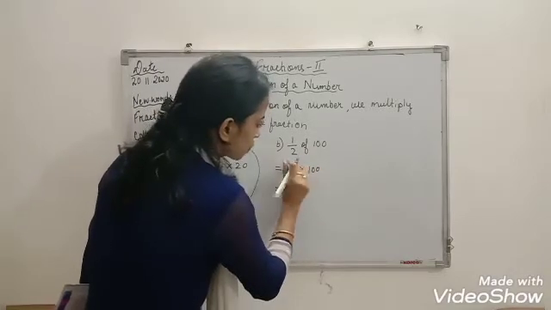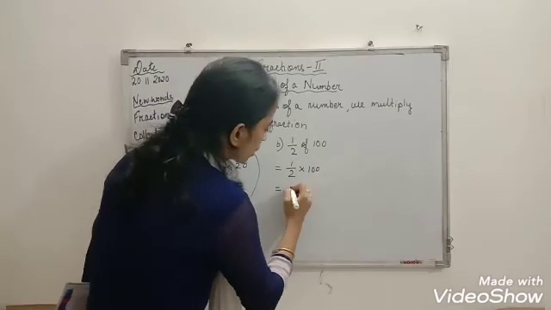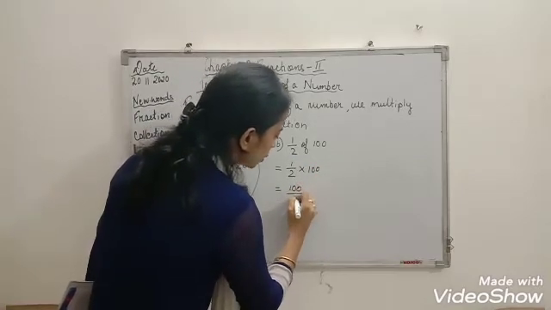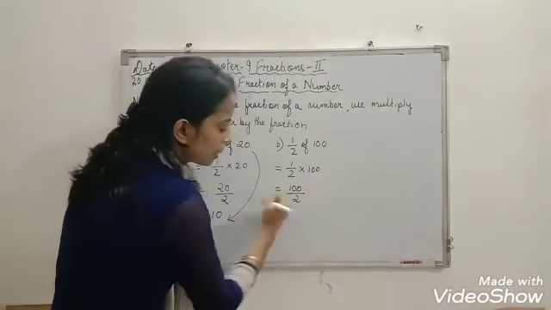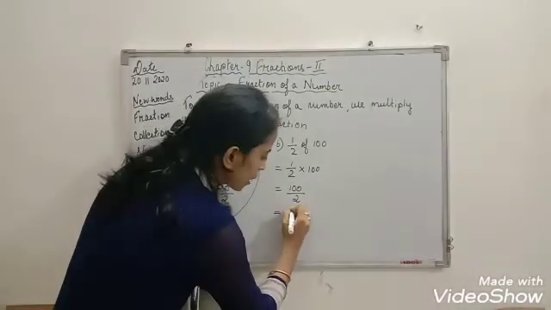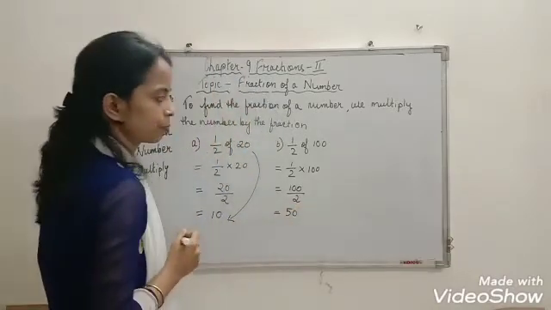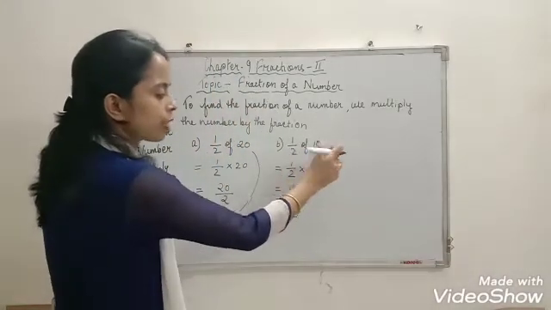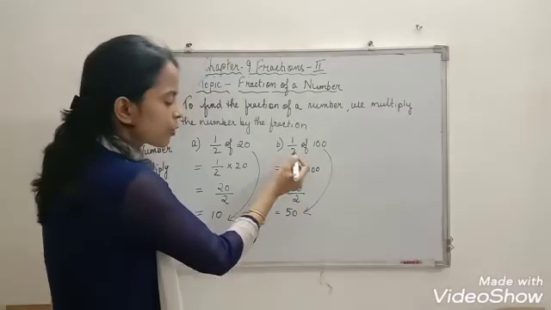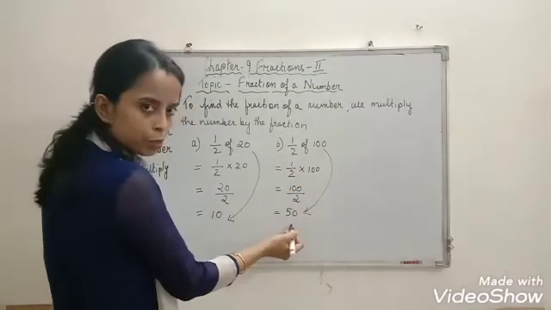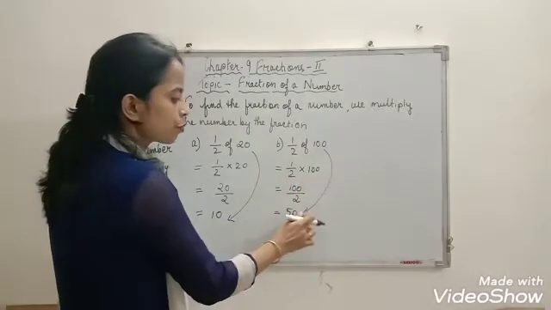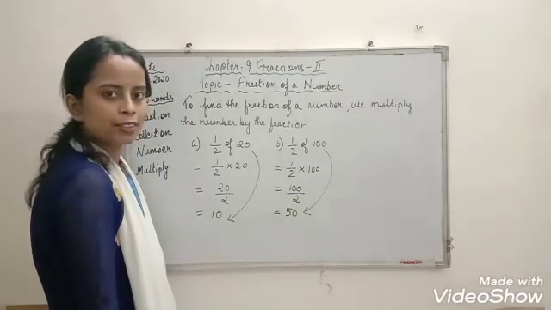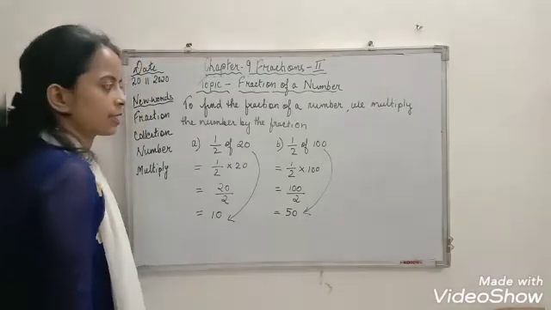We multiply the numerator by the number, 100, by the denominator. So divide 100 by 2. How much does it come, children? 50. Half of 100 is how much? 50. So when you multiply 2 into 50, you will get 100. So half of 100 is 50. Got it?